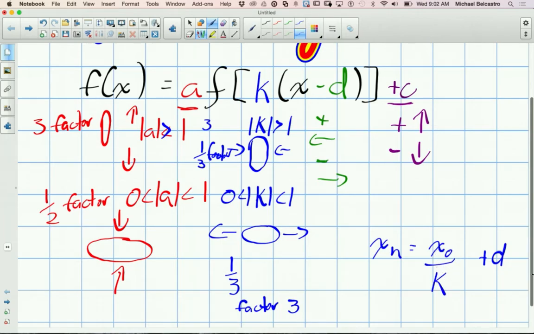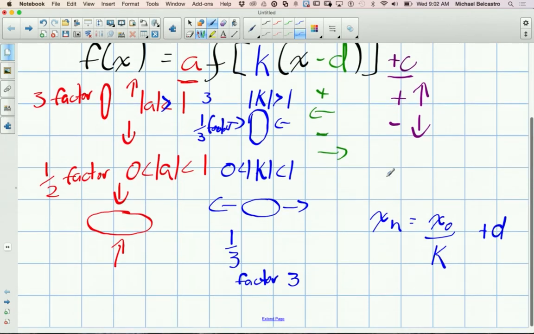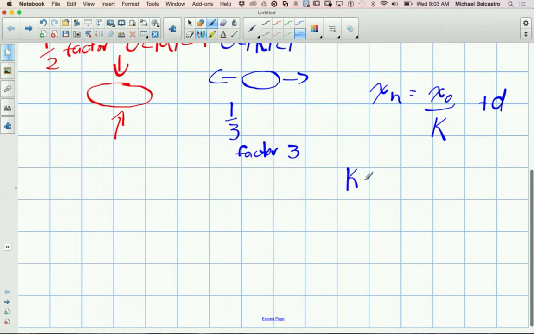If the k value is equal to 3, we're taking the old x value and dividing by 3. When we divide by 3, it's the same as multiplying by a third. So that's where we get that idea of changing it by a third instead of a factor of 3.